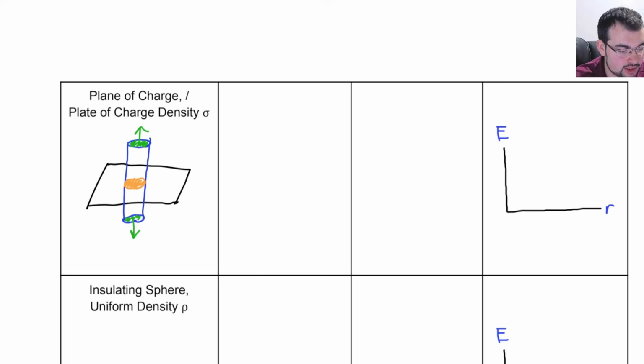Now for the plane of charge, we draw this sort of Gaussian pillbox where our flux, it's once again a cylinder. It's just oriented the other way, where we have an E field piercing 2 areas worth or 2 caps worth of area.